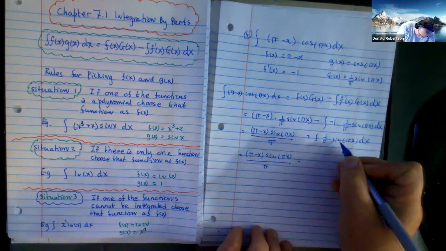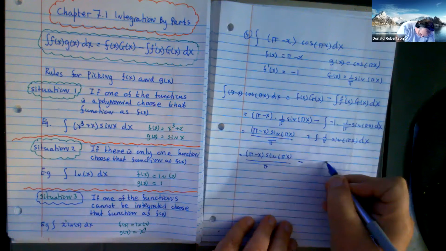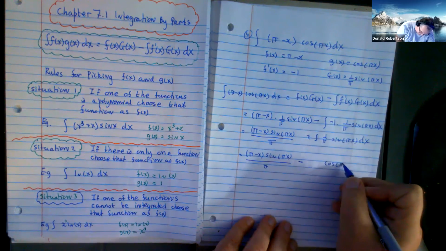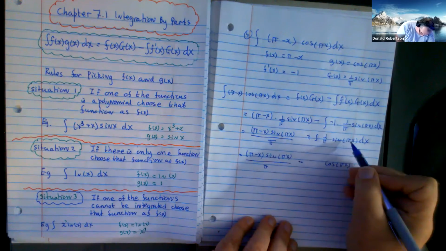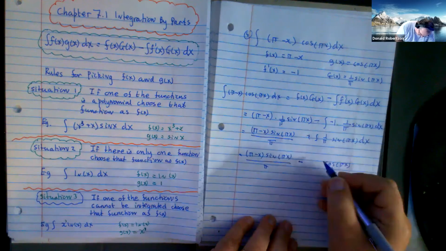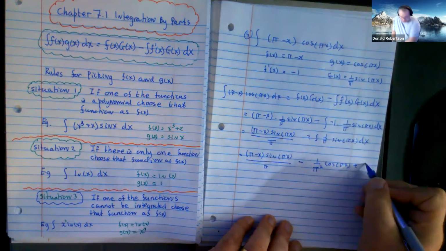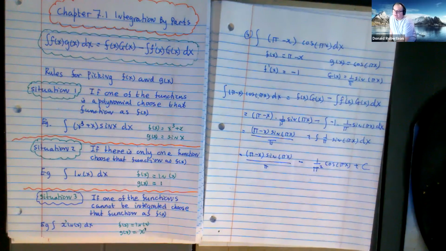Now, if you integrate a sine, you get a negative cosine. If you integrate a sine pi x, you get a negative cosine pi x times a 1 over pi, which you've already got one, so you've now got that much, plus c. Are we comfortable with the answer? Pretty ugly answer, but it's the answer.